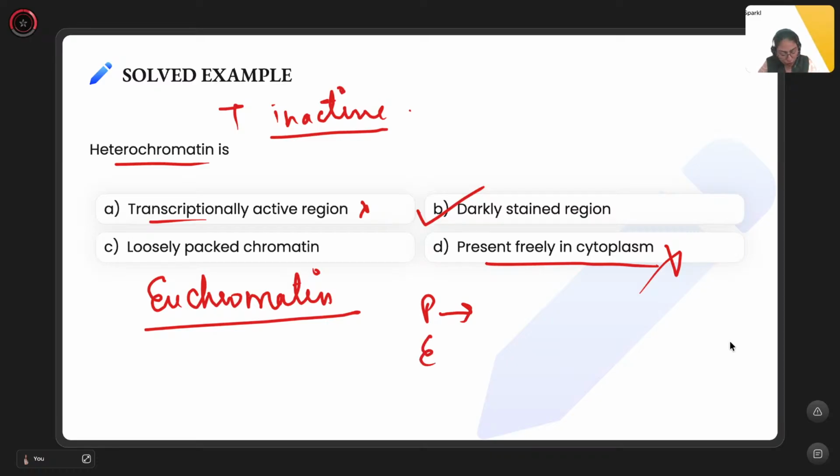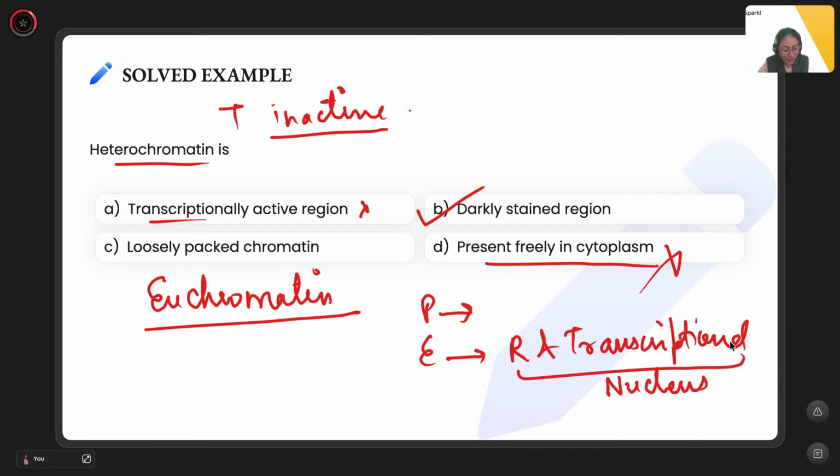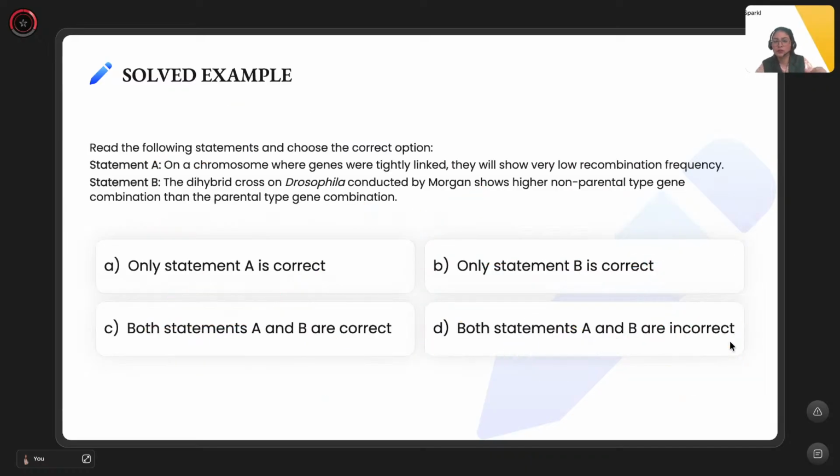But in eukaryotes, replication and transcription take place inside the nucleus, and translation takes place in the cytoplasm. Via the nuclear pore, the mRNA enters the cytoplasm and there you have translation. Clear? Let us move on to the next question then.